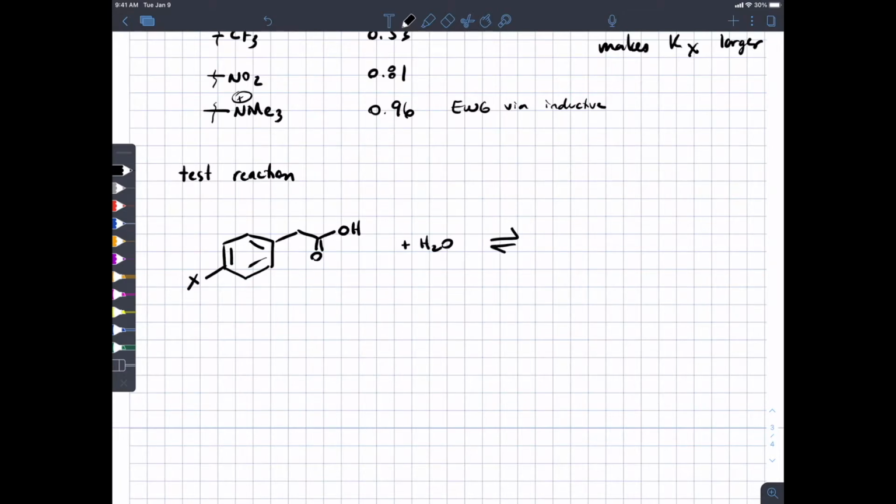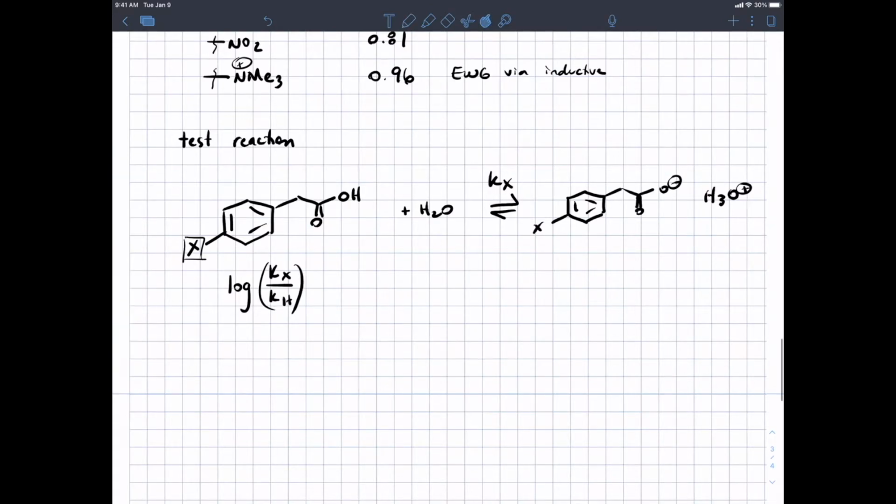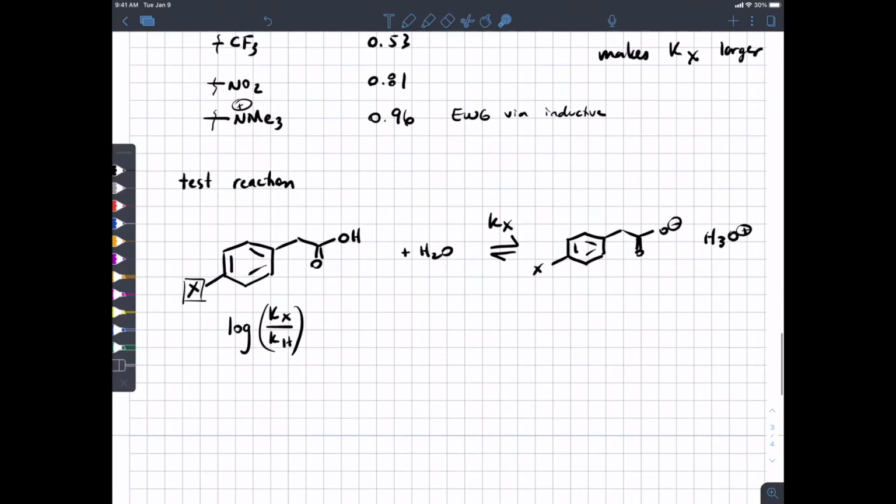All right, and then we're going to measure the equilibrium constant for making the following conjugate base and hydronium. And then for all of these values, we're going to measure the log of the equilibrium constant or reaction rate, whichever you want to do, versus the corresponding equilibrium constant when X equals hydrogen.